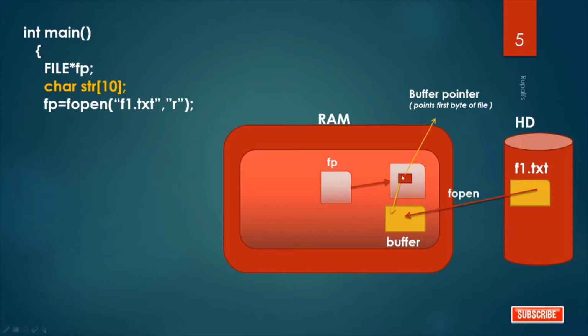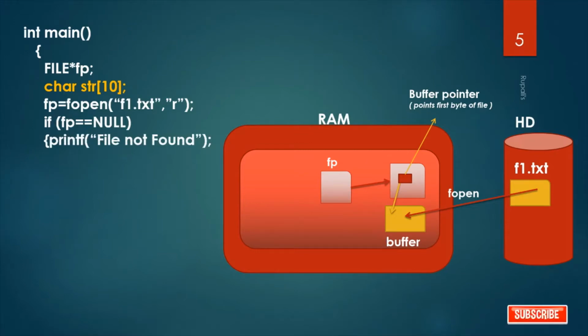This is our buffer pointer which points to the first byte of the file, and fp points to the file structure. Now, if fp returns NULL, then we can say that the file does not exist. We can't get the file, so end of program.